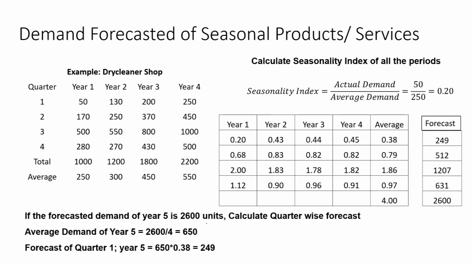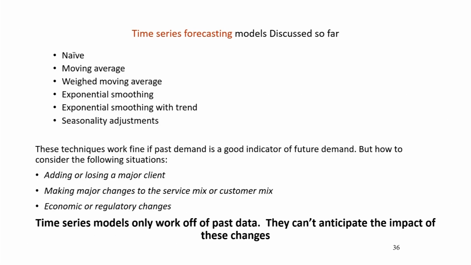If the forecasted demand of the 5th period is 2600 units, the average is 650 as I have said. The forecast of quarter 1 year 5 is 650 into 0.38, which is 249. So, friends, this was the seasonality model.